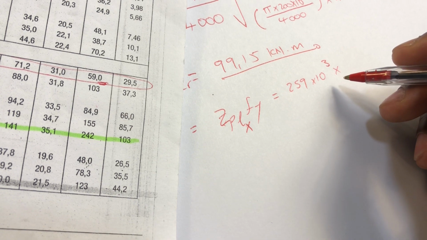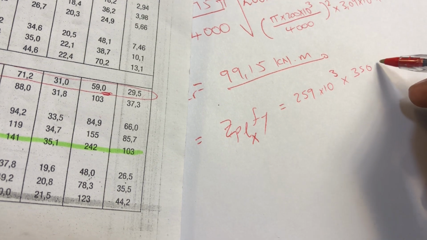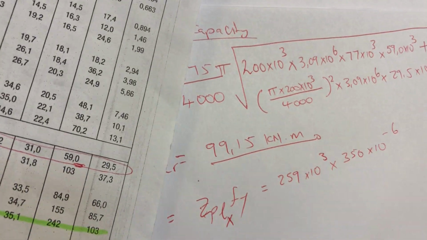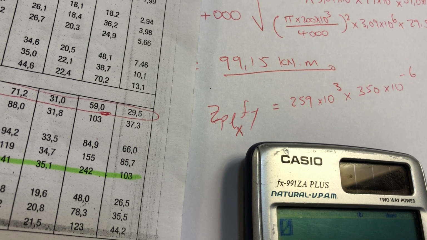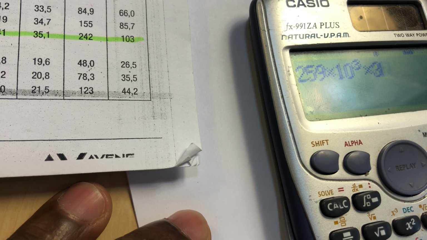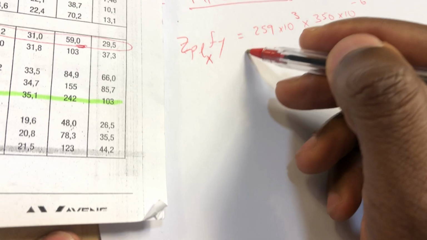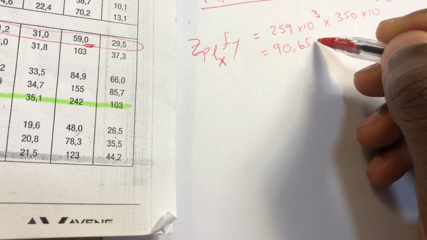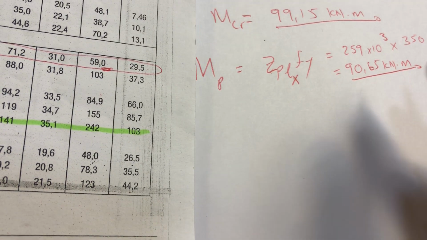You times it by your grade of steel, which is 350, and then times 10 to the power minus 6 as a conversion. So yeah, this one can just confirm is 259 times 10 to the power 3 times 350 times 10 to the power minus 6. So this gives you 90.65. Okay, that's your moment. It's kilonewton per meter. So now we found our MP.